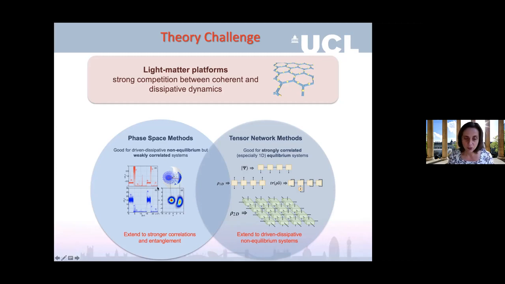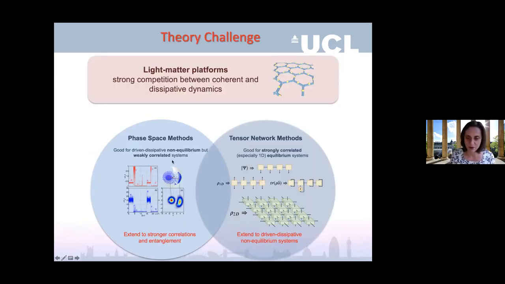But how to extend them to stronger correlations to look at entanglement is not so easy. And on the other hand, we know that tensor network methods are very good for strongly correlated systems, but until now there was not really any working algorithm for driven-dissipative systems in two dimensions.